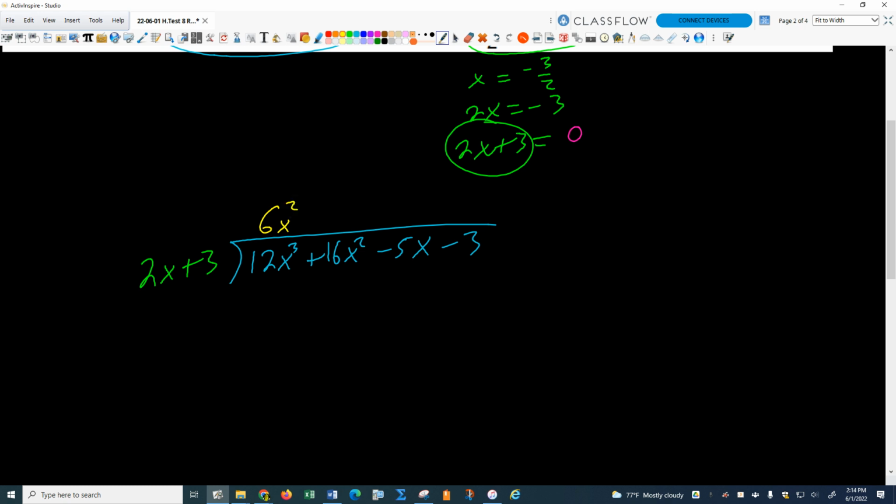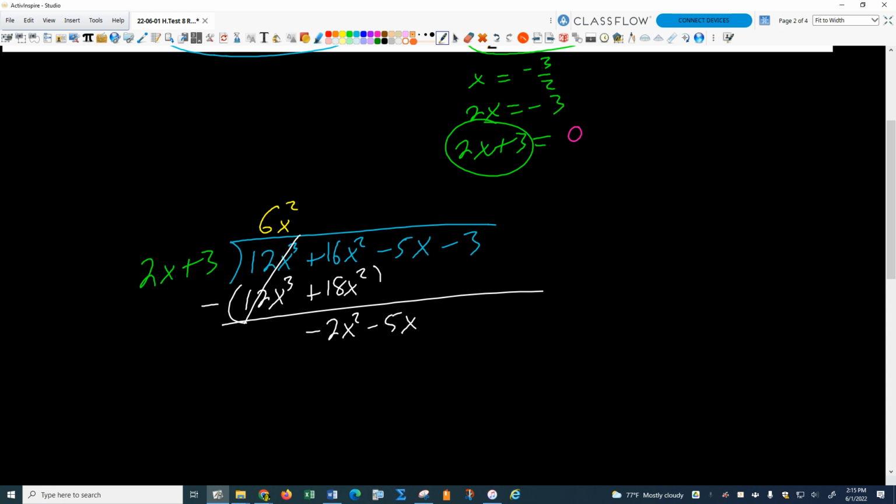Okay, so I distribute. 6x squared times 2x is 12x cubed. 6x squared times 3 is plus 18x squared. I subtract vertically, so those cancel. 16x squared minus 18x squared is negative 2x squared. Bring down the rest.